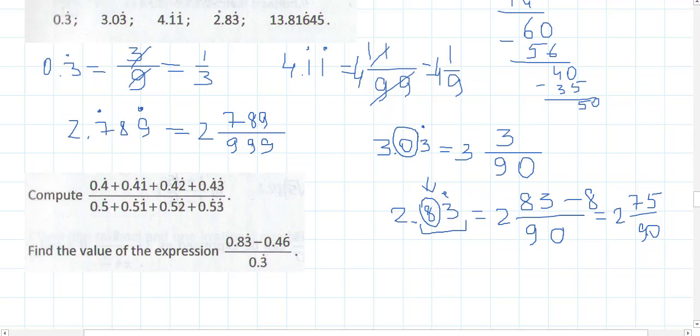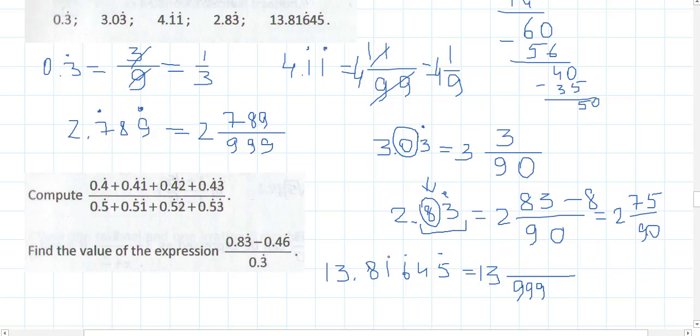So, let's consider the next one. The last one here, 30.8165. So here, how many digits in the repeating part? 30 is the integer part. Here 3, yes, 1 2 3, this one. So it will be 3 nines here, 9 9 9.